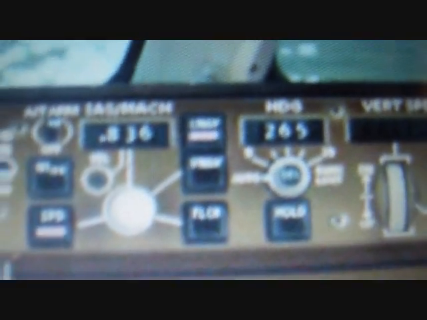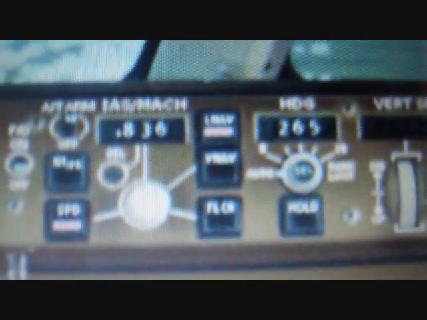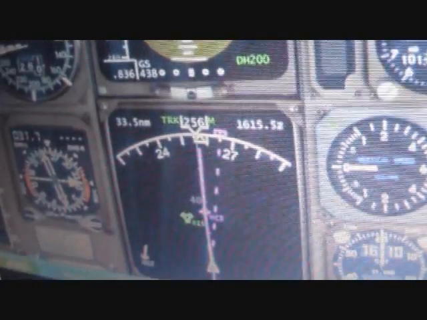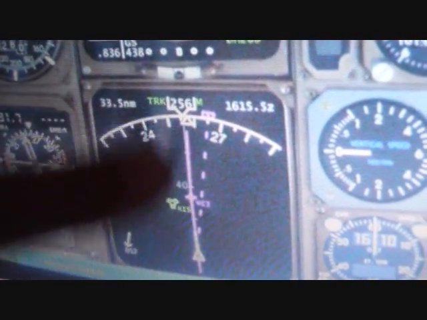Now, even here it says heading 265, although it's not showing that heading on the radar. That was the last one that was told on takeoff. Right now, as you see, LNAV is selected, like here, and that's what is following the lateral navigation, following the magenta line.